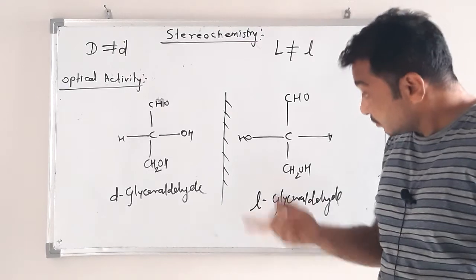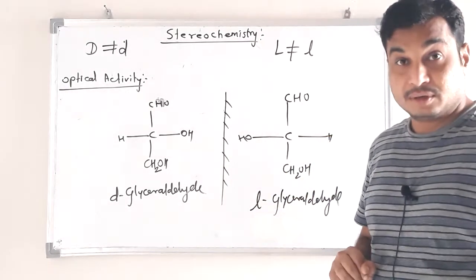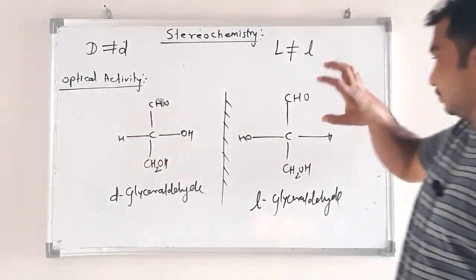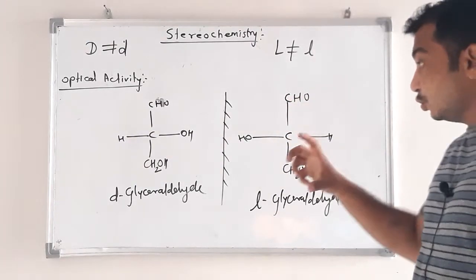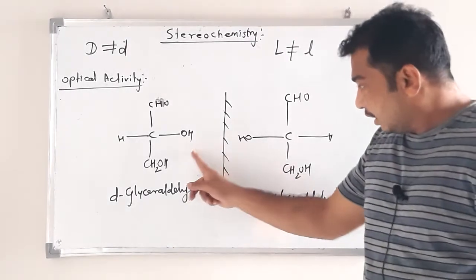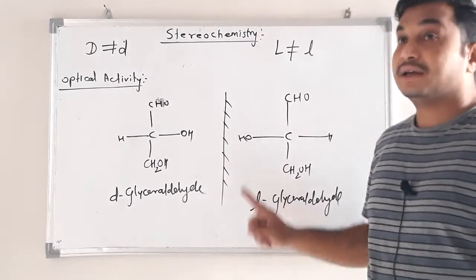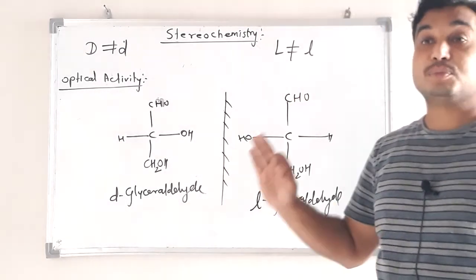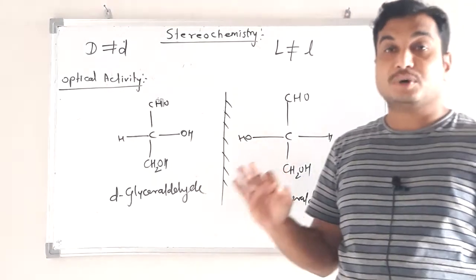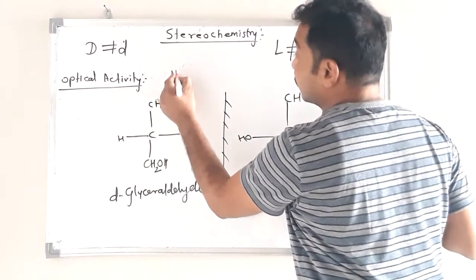Again, what is the relation between these two optical isomers? If we put this small d glyceraldehyde on the other, there is no matching, no superimposition, meaning they are mirror images of each other, but non-superimposable mirror images of each other.